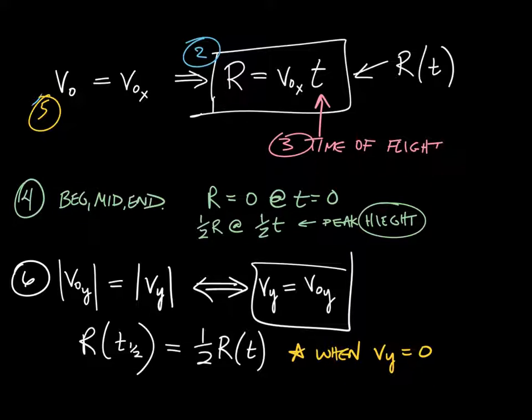So the first time I hit speed in the y direction is 0, the range is half of what it's going to be. The range at that point is half of the range. That's our thing there.